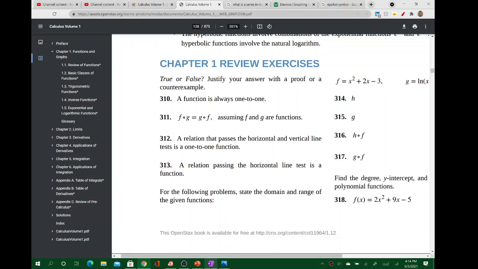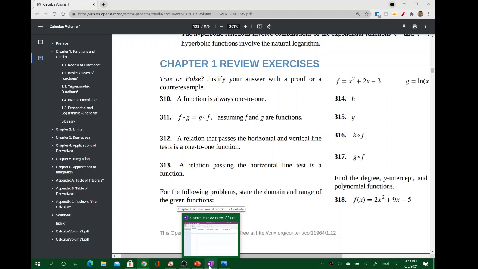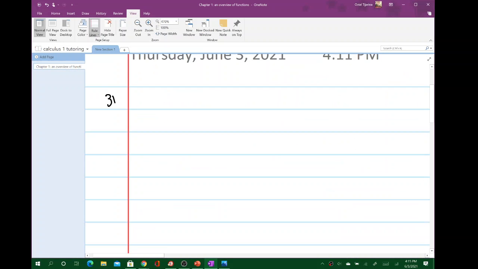The first problem in this review exercise for chapter 1 says a function is always 1-to-1. Now, let's write that down.